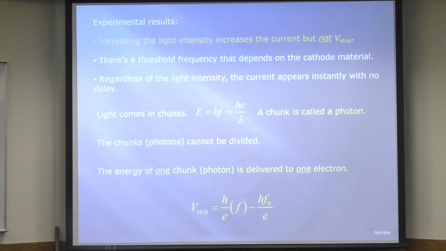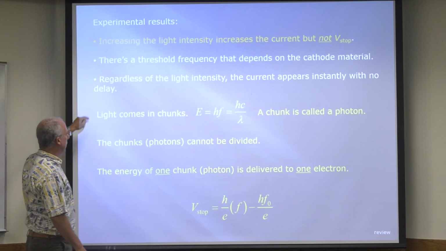The results: increasing the light intensity increases the current because you're ejecting more electrons. There's a threshold frequency. So in other words, I don't care what intensity of light you have. If the light frequency isn't greater than a certain frequency, no electrons are ejected, and the current appears instantaneously.